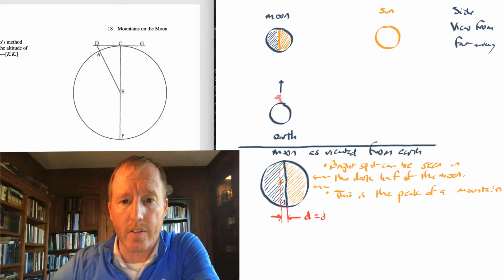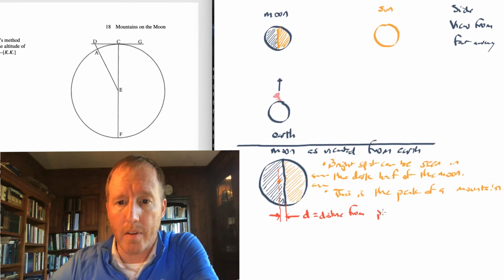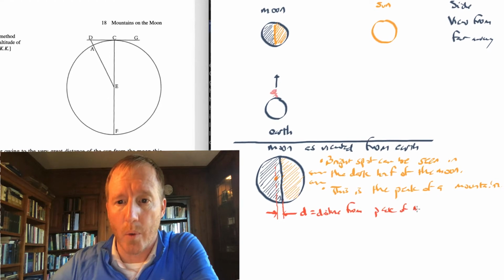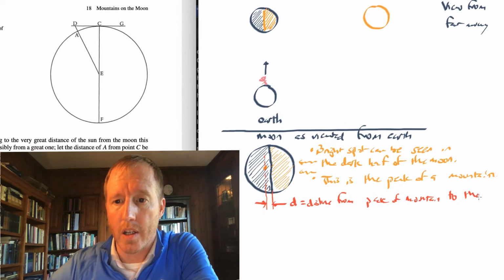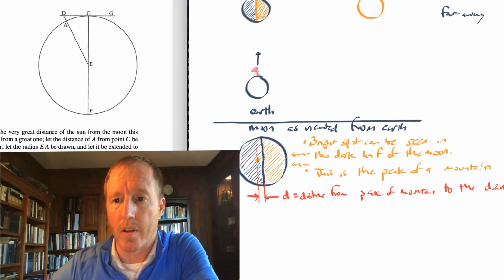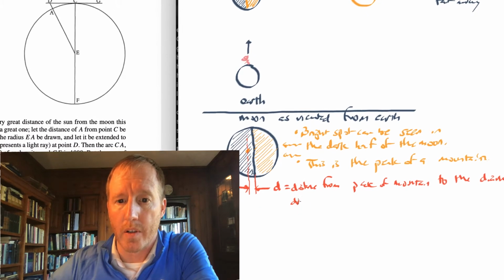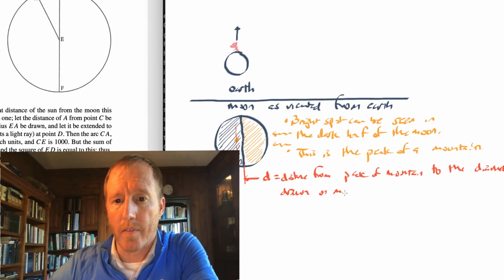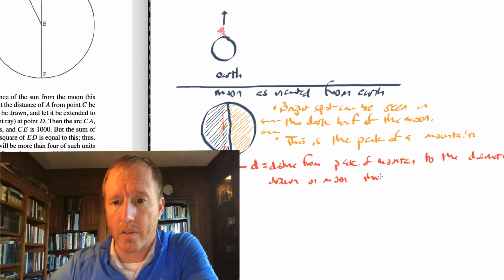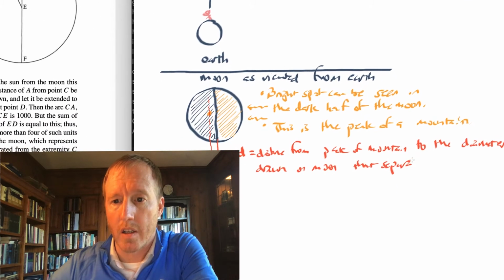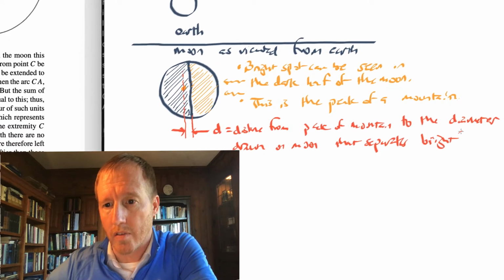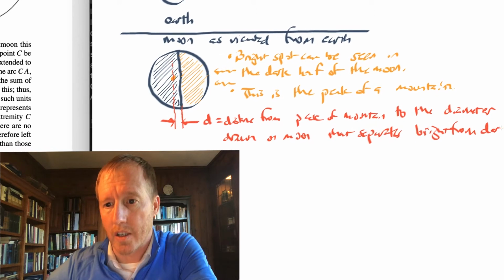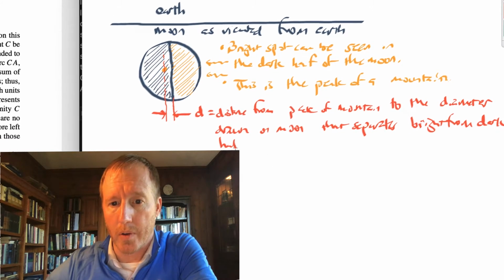That's the distance from the peak of the mountain, where you see this bright spot, to the diameter drawn on the moon that separates the bright from the dark half of the moon.